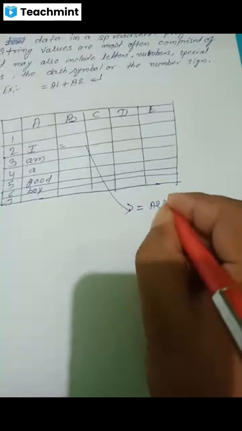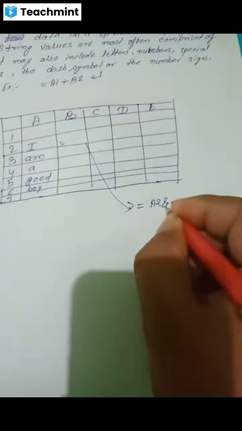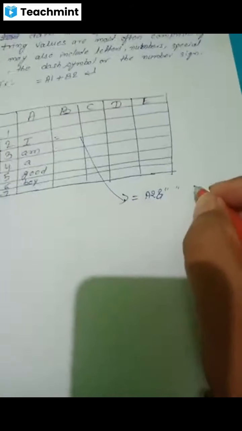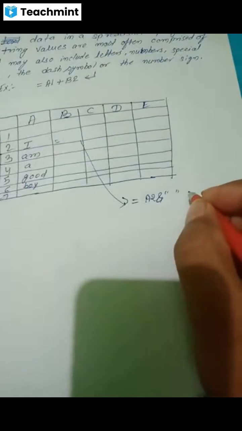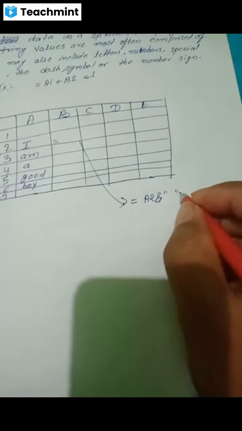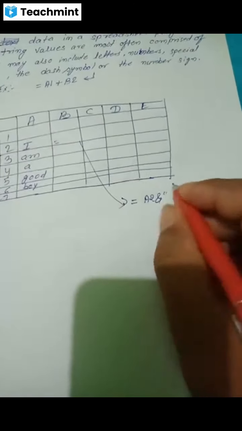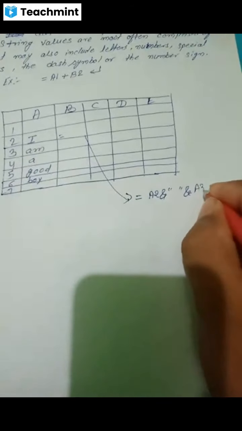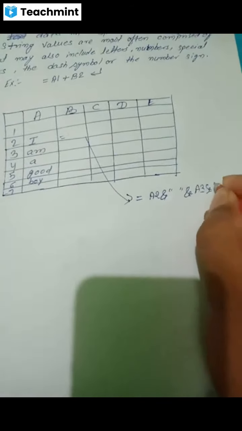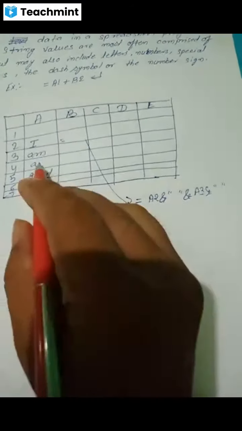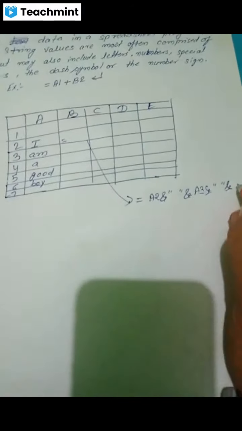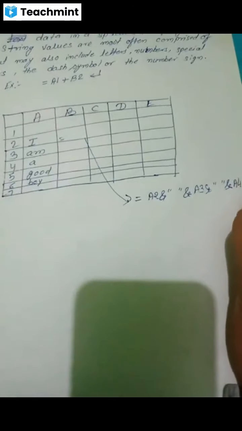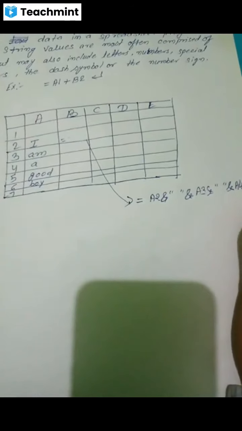Then we use the ampersand symbol, double quotation marks, again ampersand, and then the cell address A3, then again ampersand, double quotation marks, and one more ampersand, and then A4, ampersand, double quotation marks.